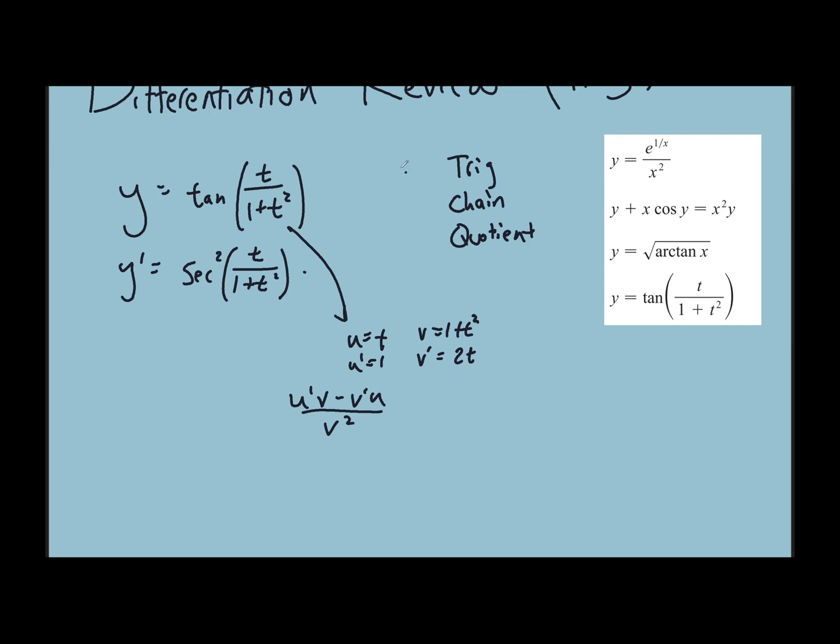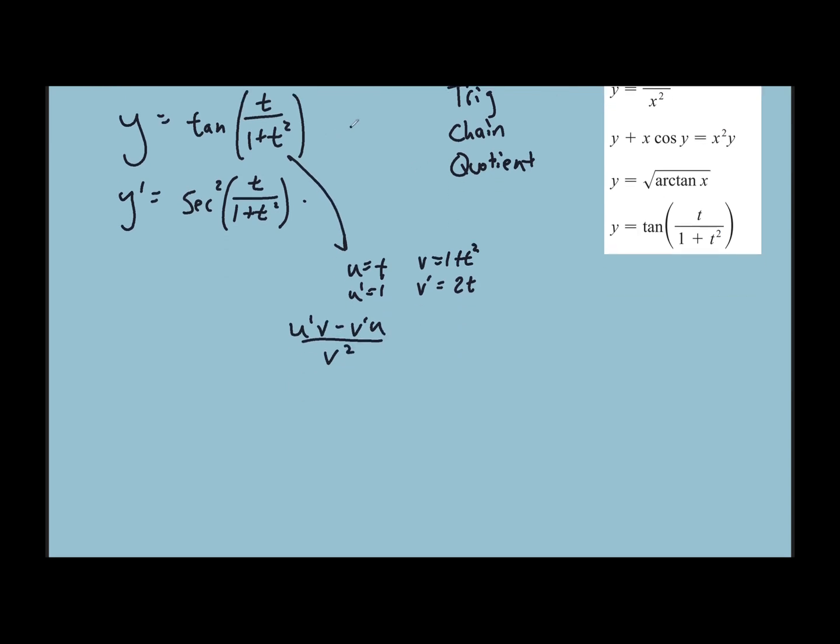You should have said that aloud to yourself 1,000 times through these videos already. Surely you're not listening to the sound of my beautiful voice and doing nothing else. u prime v, u is 1, so I just left that out, minus v prime times u, that's t, over v squared, (1 plus t squared) squared.